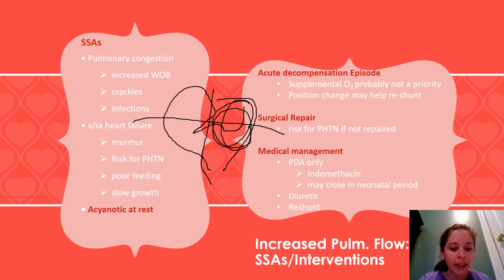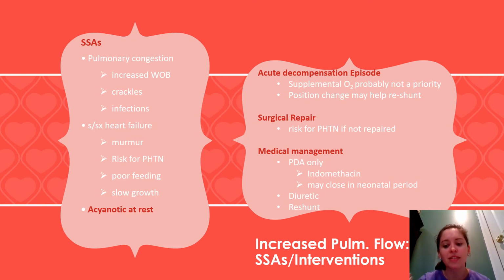If we have fluid backing up into the legs, that's going to be a problem with the right side of the heart. So if you think about this problem, they're probably going to have left-sided heart failure, which means they're going to have lung effects, which is what we're talking about here. Our increased work of breathing, our crackles, our pulmonary infections.